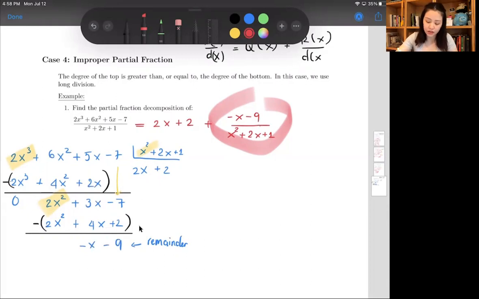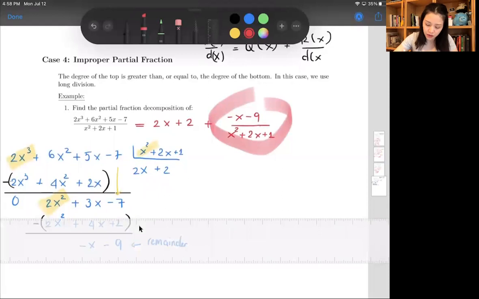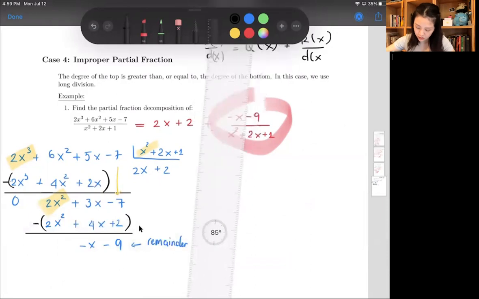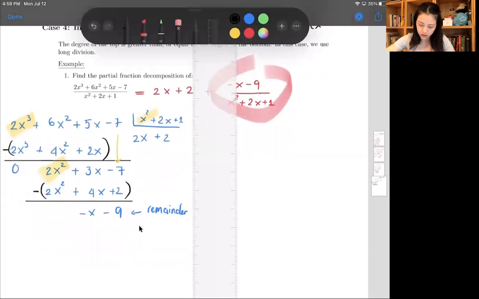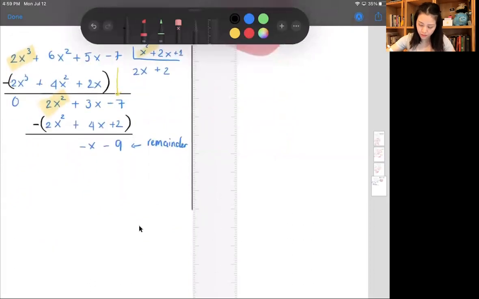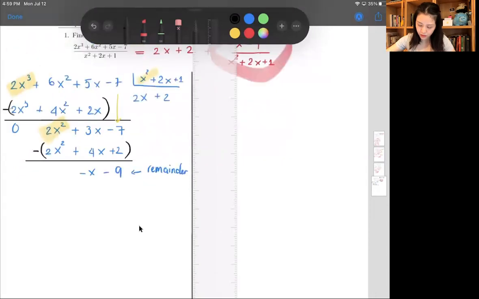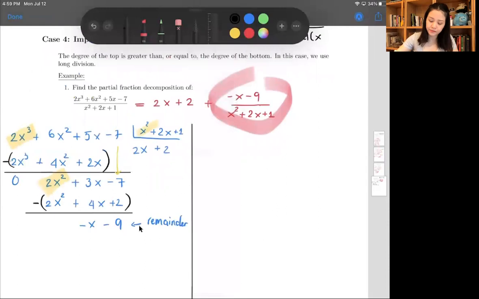Let me divide this part here so it doesn't look tangled all together. Okay, so we're going to take care of that one that I circled.